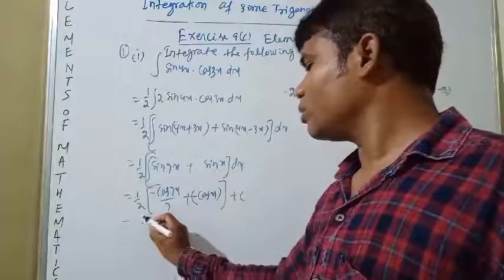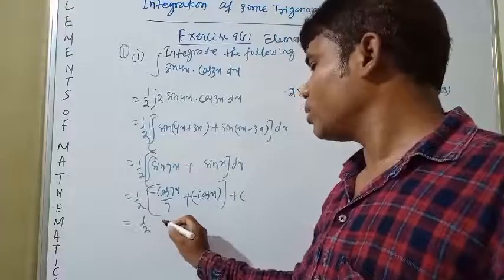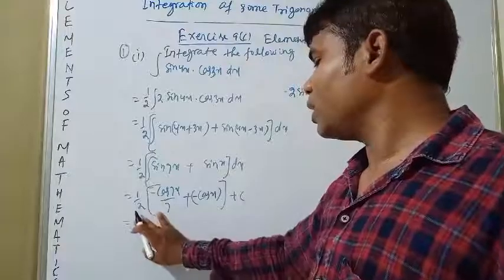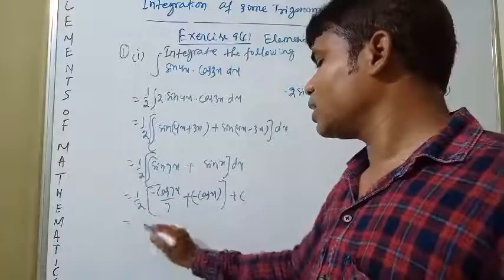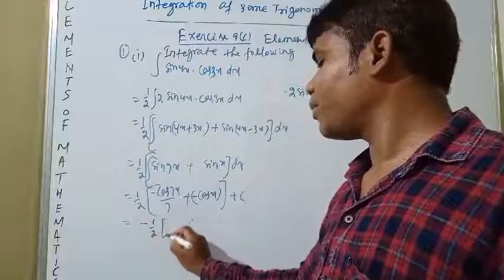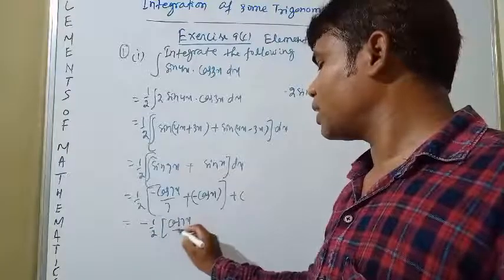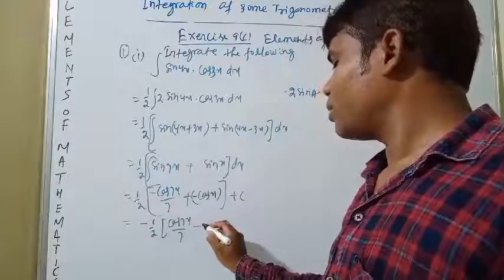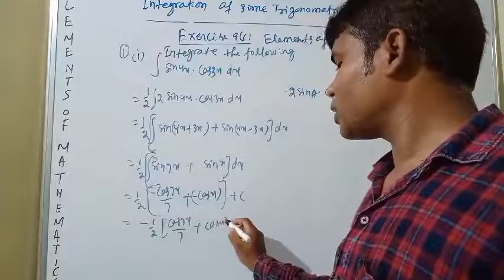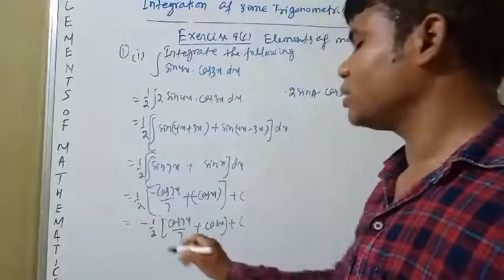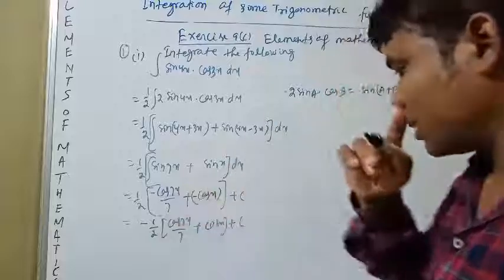You write here minus half, cos 7x by 7, plus cos x, plus c. This is your answer.